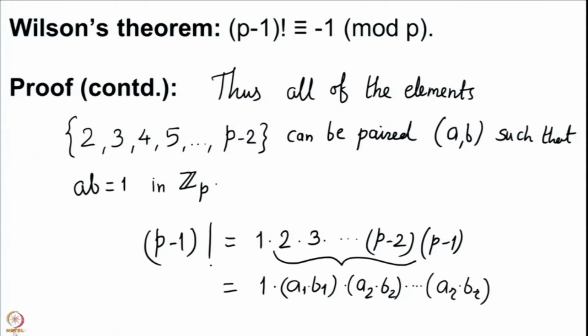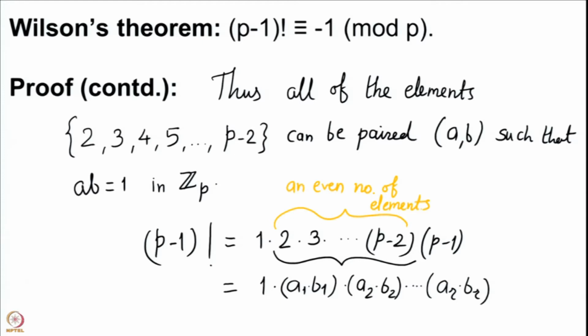Remember, this is an even number of elements. This is because your p is odd. So, 1 up to p minus 1 are an even number of elements and you have removed 2, namely 1 and p minus 1 from them.